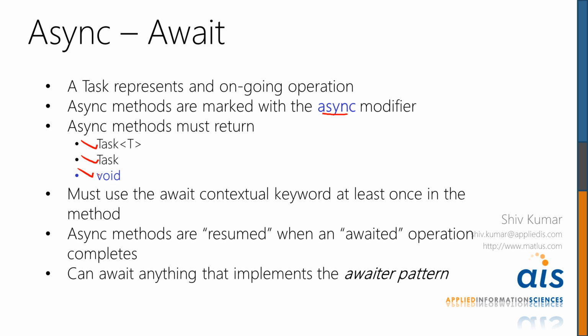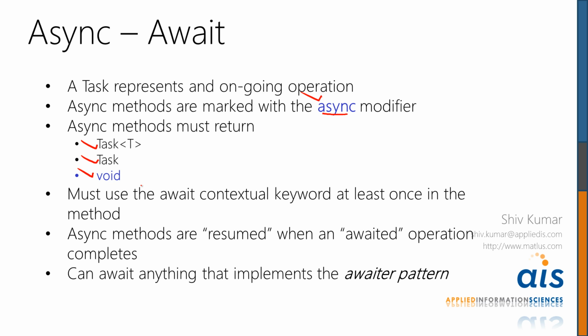I believe the void return is primarily for support of events. So you could have a button click event that you want to convert into asynchronous, so you're going to have to modify it with the async modifier. But events in .NET always return void, and so rather than having to return a task of something, void is allowed to support events being made asynchronous.